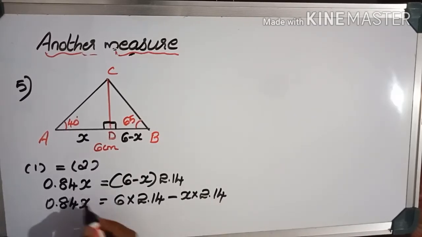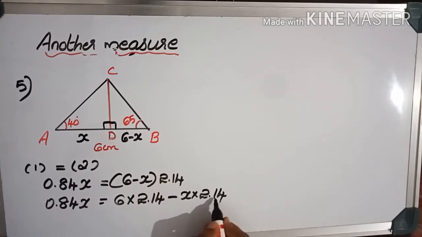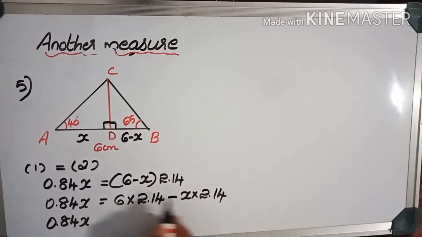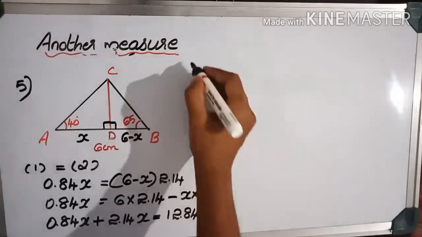In the next step take this minus x into 2.14 to this side. So 0.84x plus 2.14x equal to, when you multiply this, 12.84 will be the answer.